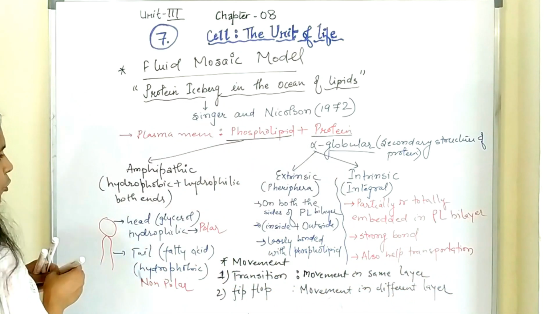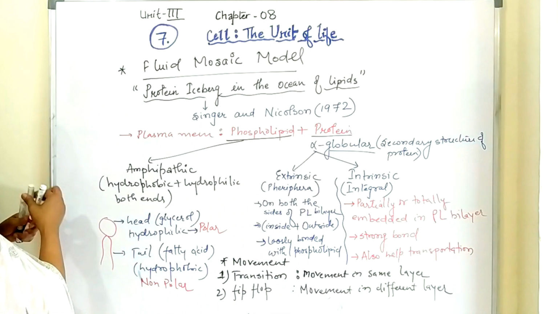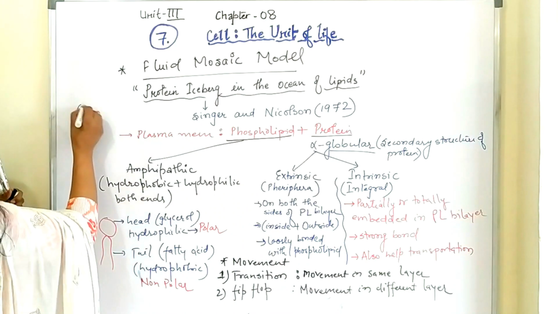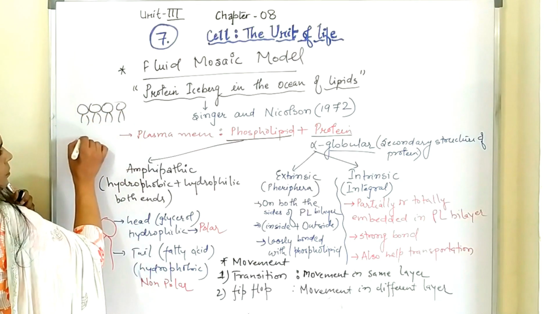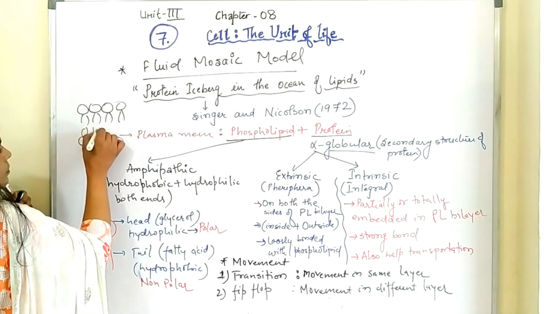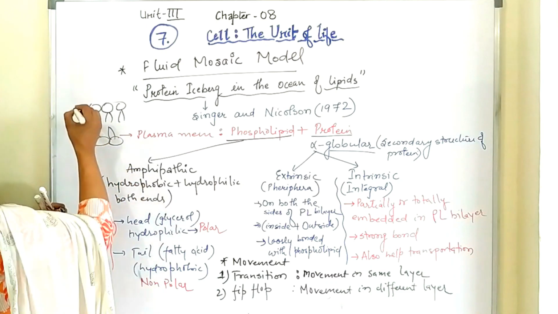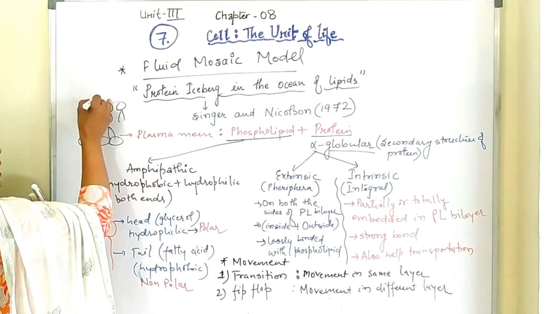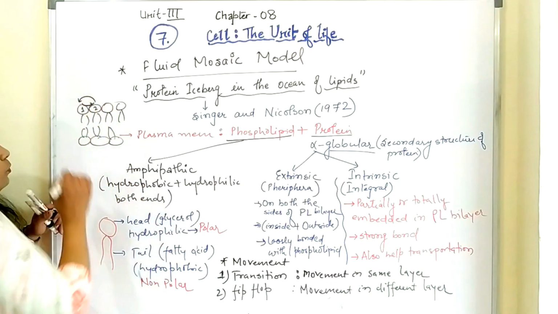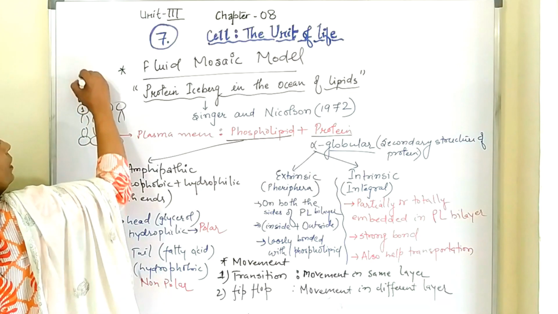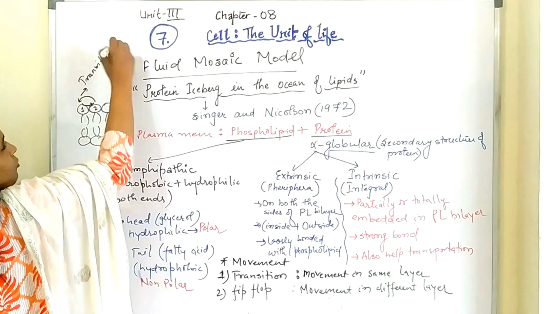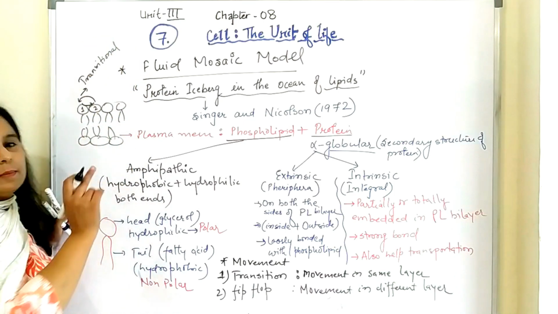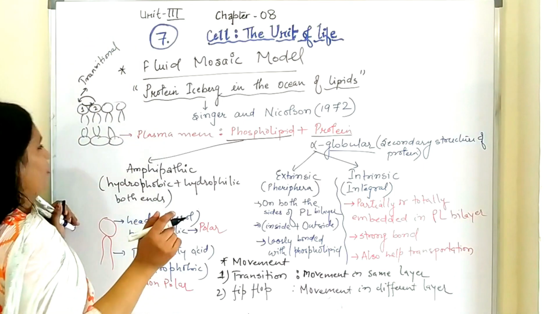Okay, let me show you here. If you see, the phospholipid molecules are arranged like this. If there is a change in the position of 1 and 2, this is called transition. This is transitional movement because they are changing their position in the same layer.